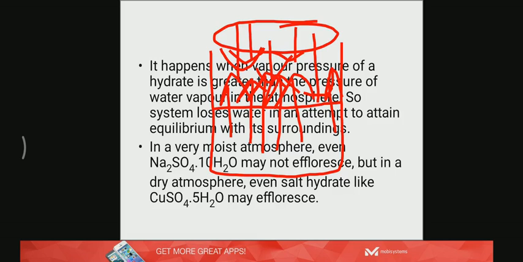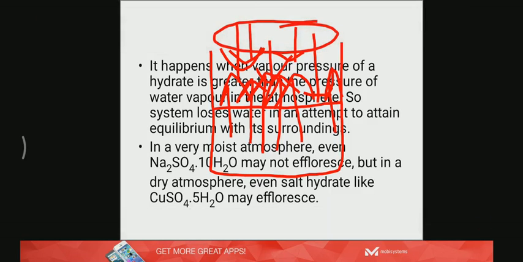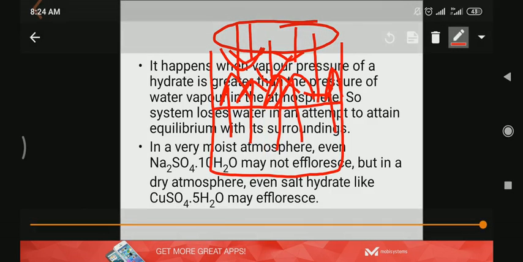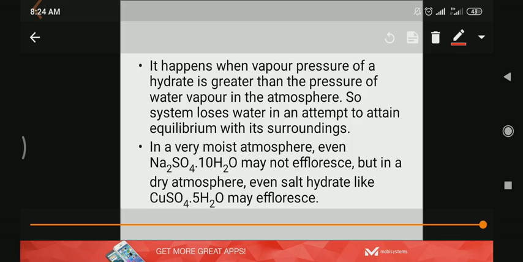But if it is so dry, even copper sulfate 5H2O, which generally won't effloresce, may effloresce. So deliquescence and efflorescence depend on the atmospheric conditions. These two phenomena are two opposite phenomena.